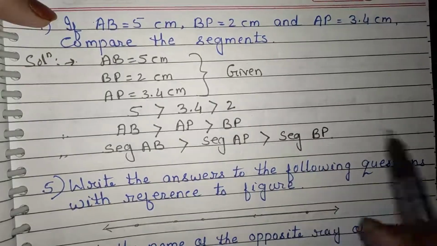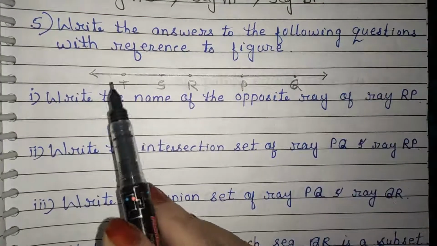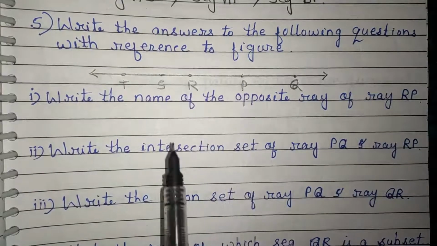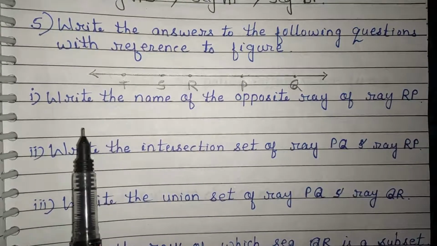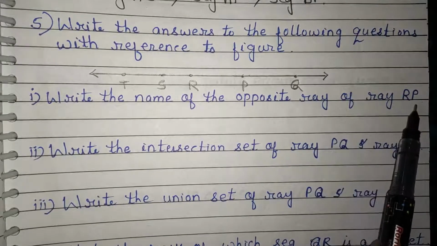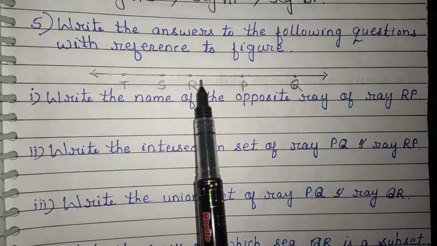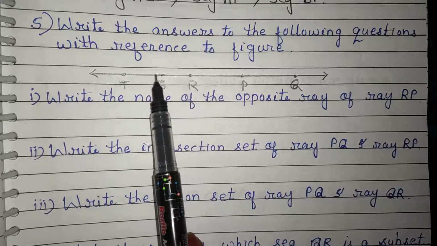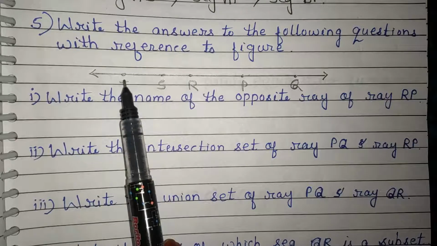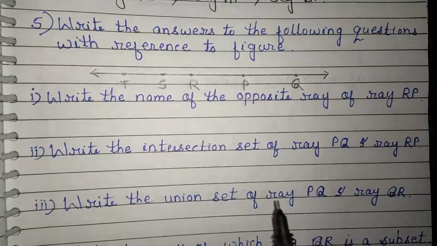Okay. Now next question. Write the answers to the following questions with reference to figure. First one. Write the name of the opposite ray of ray RP. Now look here. Ray RP. Therefore, ray RS or ray RT is the ray opposite of ray RP.